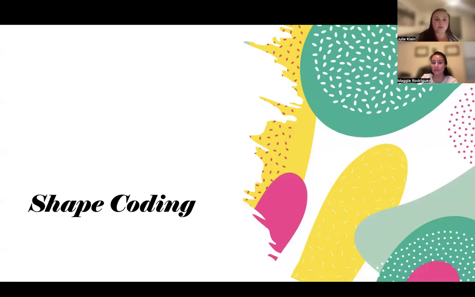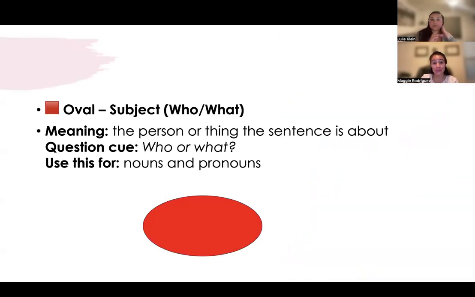Okay, so let's learn about some shape coding. I'm going to introduce you to some shapes that are going to help us build some sentences. Our oval is going to be the subject. That is who the sentence is going to be about. It's going to act as the who or what, and we can use this for nouns and pronouns.